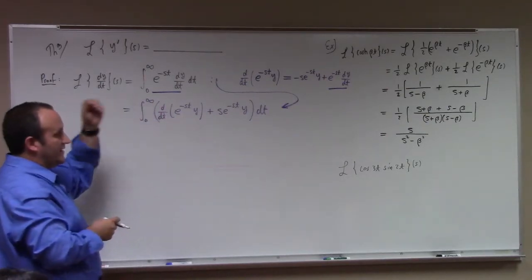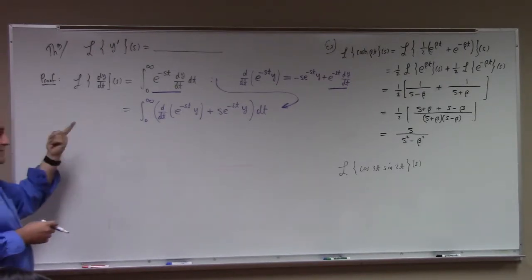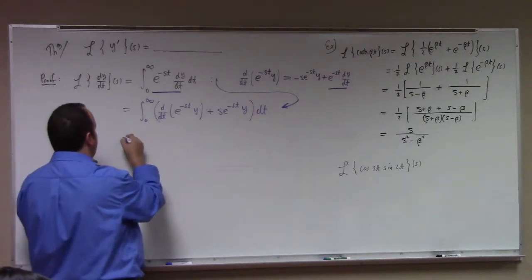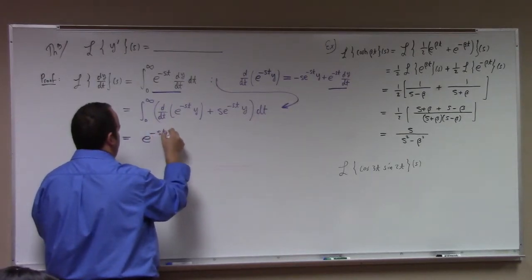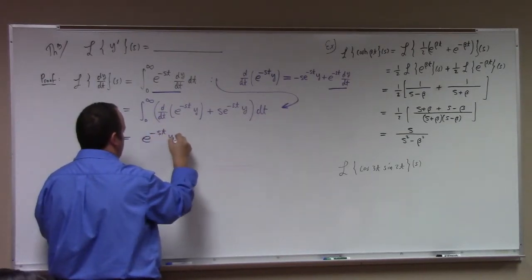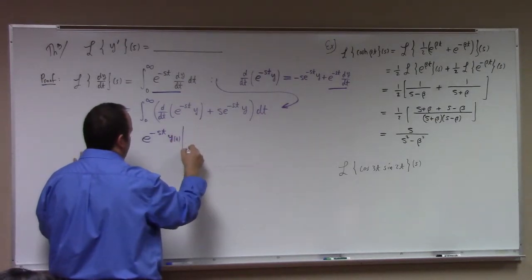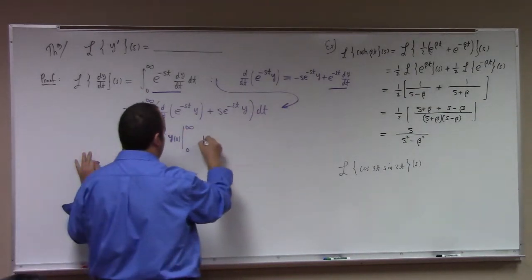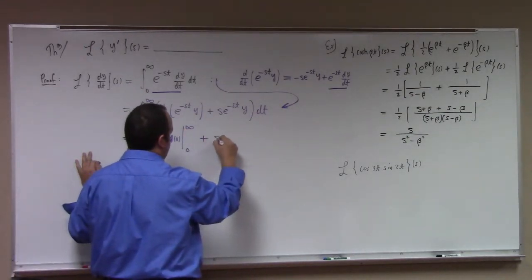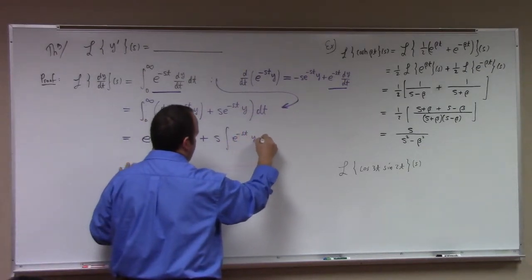I've showed you a complete mathematical argument for why we can go from there to there. Now, what's the integral of the total derivative? If you'll allow me this notation, I'm going to use it. e to the minus st y, you know, that's y of t, of course, right? Evaluated from 0 to infinity. All right? Plus, and I'm going to pull the s outside the integral, the integral from 0 to infinity of e to the minus st y dt.